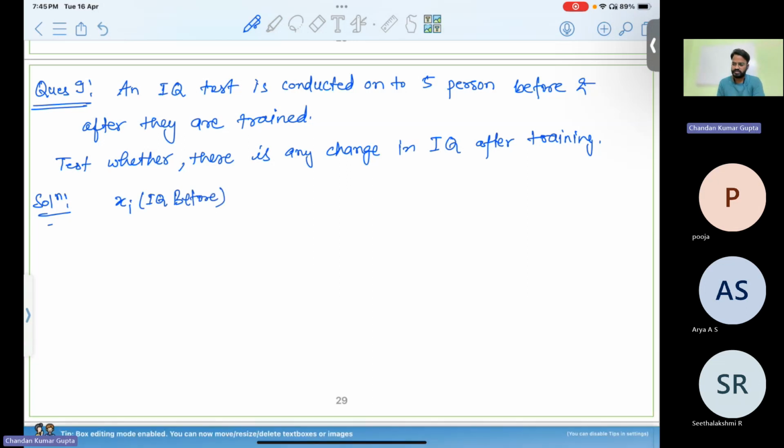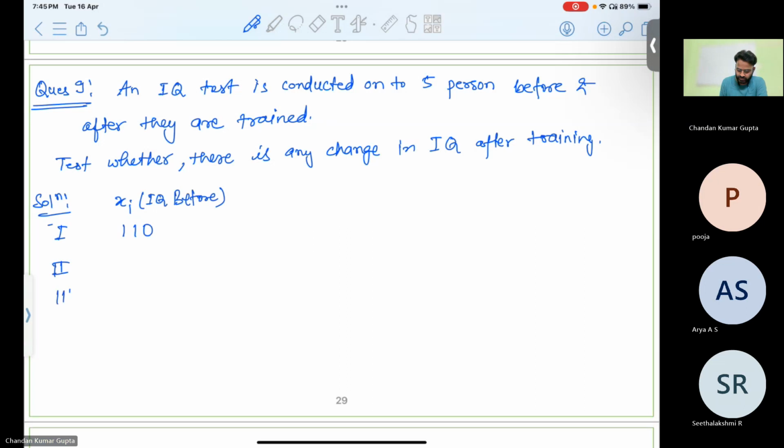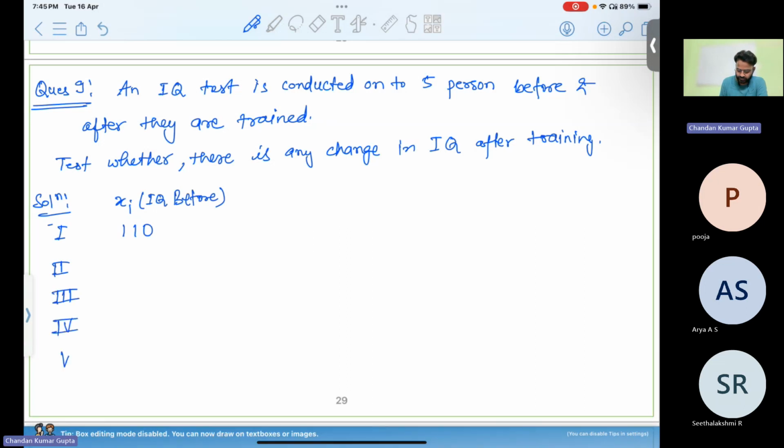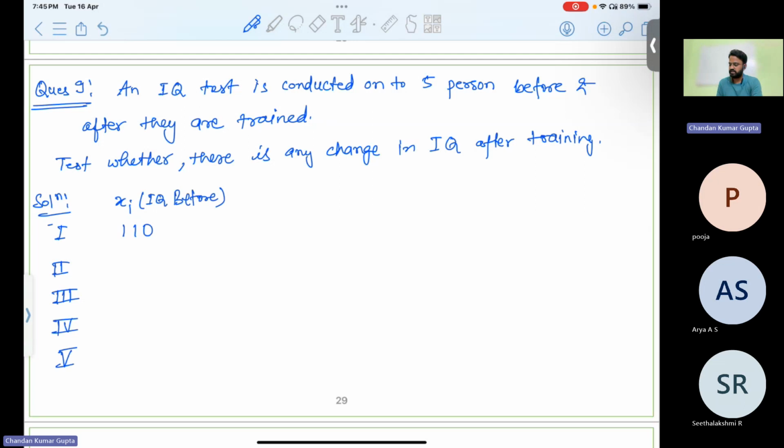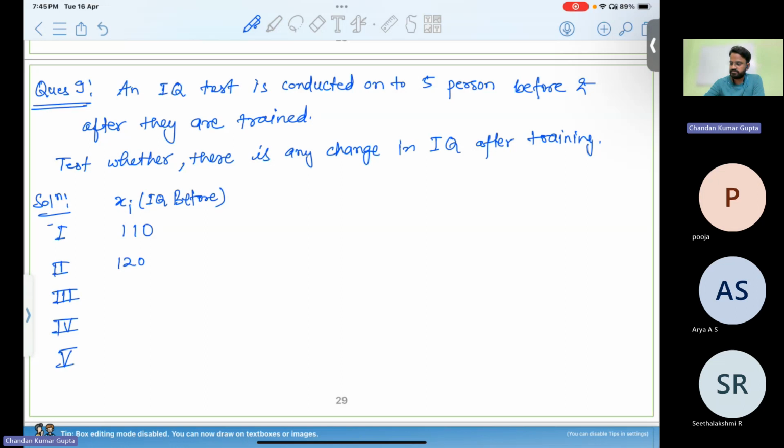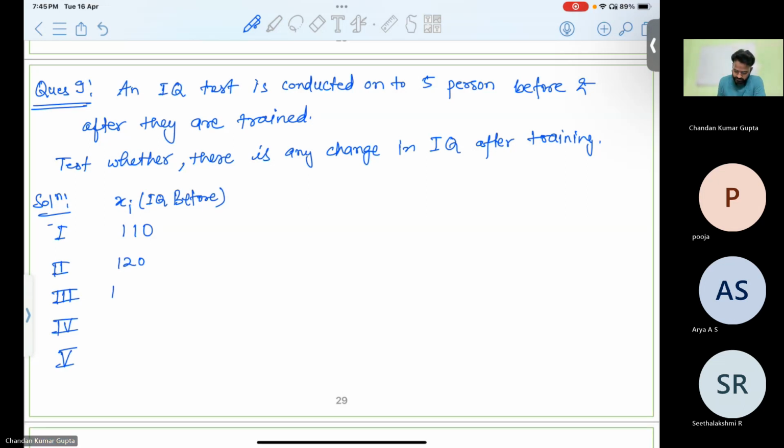It is 110 for the 5 candidates, candidate 1, 2, 3, 4 and 5: 110, 120, 123, 132, and 125. These are the IQ before training.